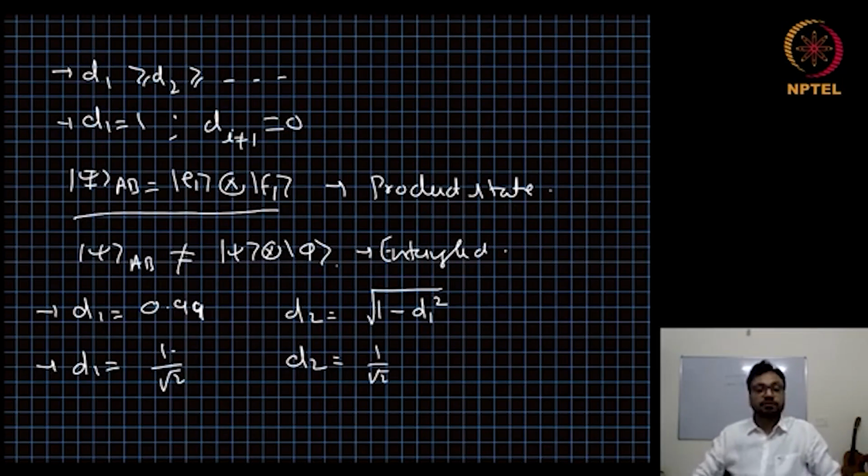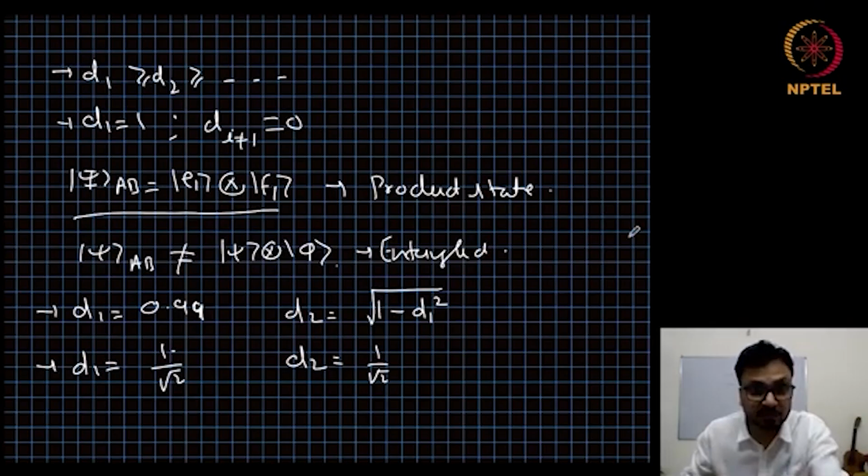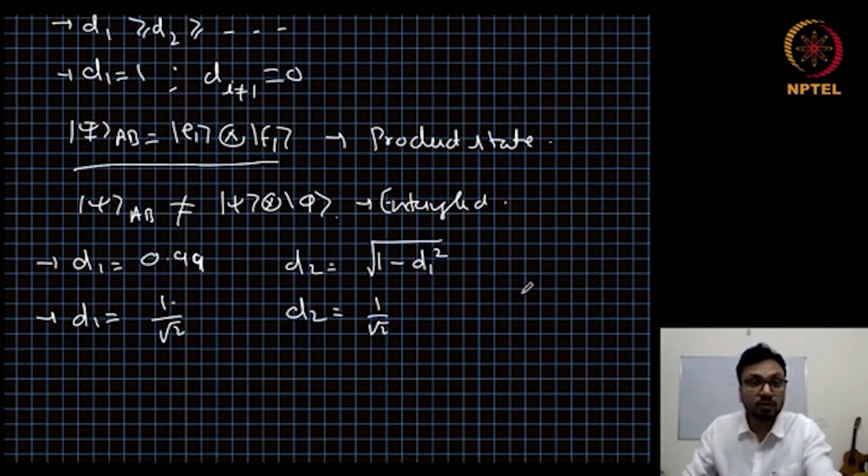In these two scenarios, which one is more entangled and which one is less entangled? For the sake of simplicity, let us talk about the qubit system. So we have only 2 qubits, and there are two Schmidt coefficients, d1 and d2.